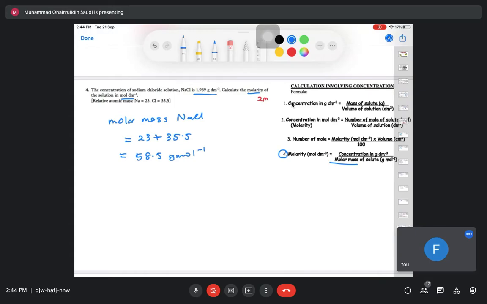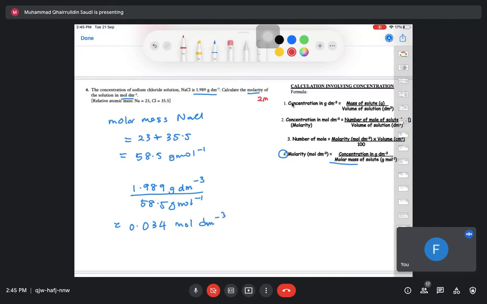Next, just put in the formula: molarity will be concentration divided by molar mass. So 0.989 gram per dm cube divided by 58.5 gram per mole, and you will get 0.034 mole per dm cube.